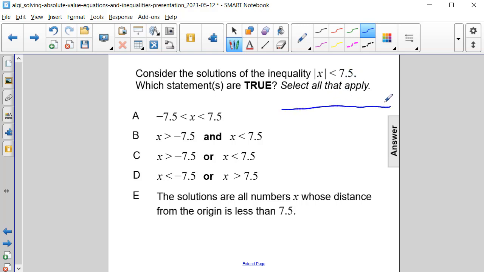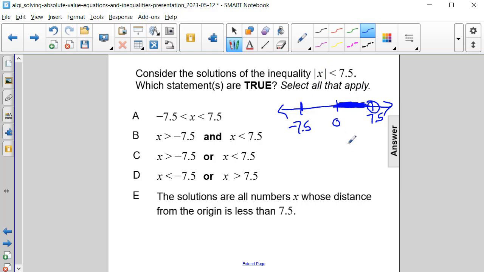Well, when we have the absolute value of x being less than a value, we know that on the number line, if we were to graph 7.5 and negative 7.5, first we know that if we have positive values, they are going to be less than 7.5. So we have this section right here.